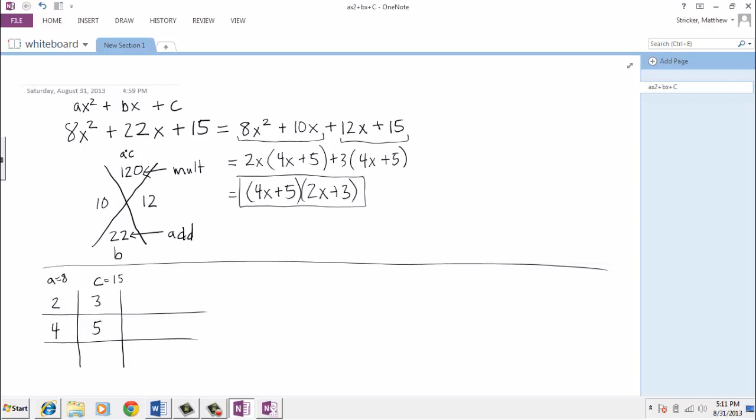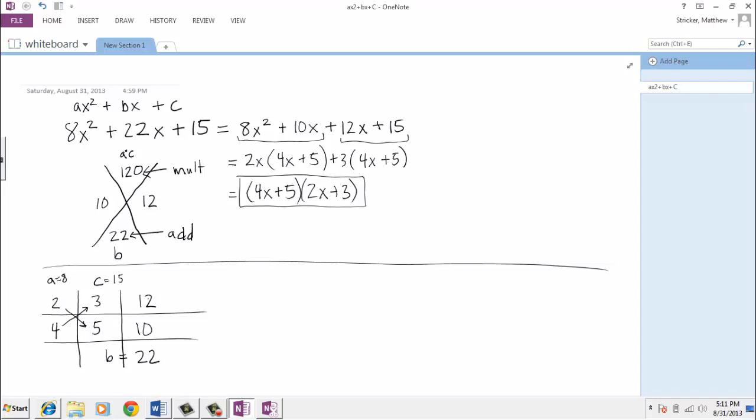The next part we get by multiplying across. So 4 times 3 is 12, and 2 times 5 is 10. And these two numbers need to add up to give us b, which was 22.